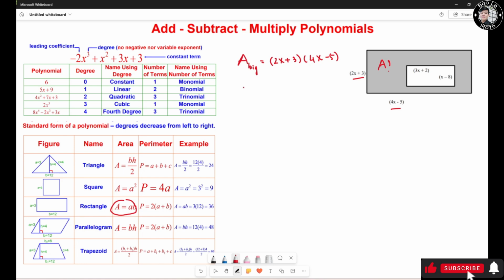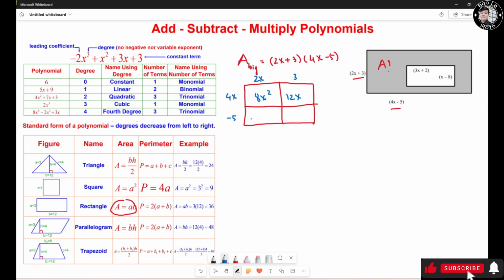Alright, so we're going to use the box method to multiply this out. We're going to put 2s right here, 3 right here, 4s right here, and negative 5 right here. Now 4s times 2s is going to be 8s squared. 4s times 3 is going to be 12s.